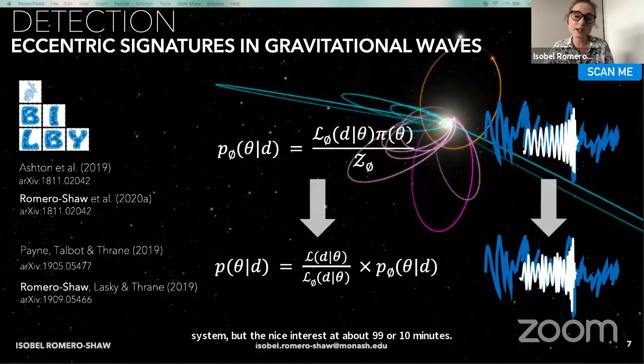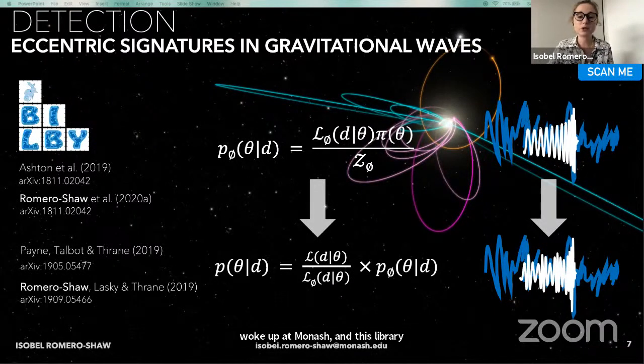So how do we measure eccentricity? Well, I'm not going to go into much detail at all on our method, but what we do involves a Bayesian inference software library, primarily developed at the university that I work at, Monash, and this library is called Bilby. And if you want to see a little more detail on the method, you can scan the QR code on this slide and see it on the poster.